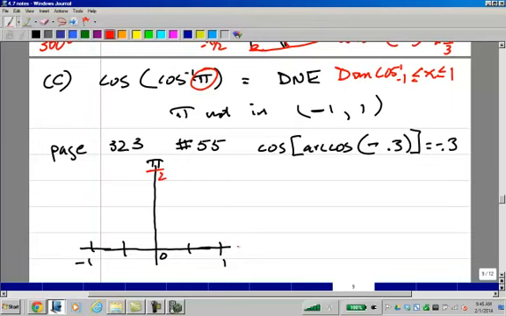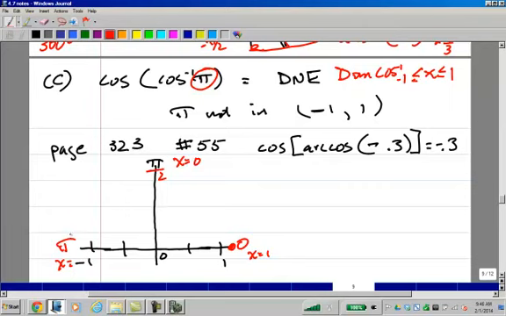Here's 0 and here's pi. Now, this is x equals 1, x equals negative 1, x equals 0. And this is 0, this is pi over 2, and this is pi.